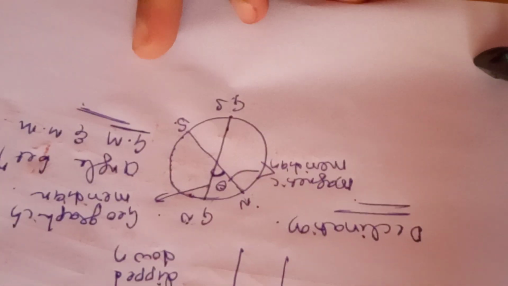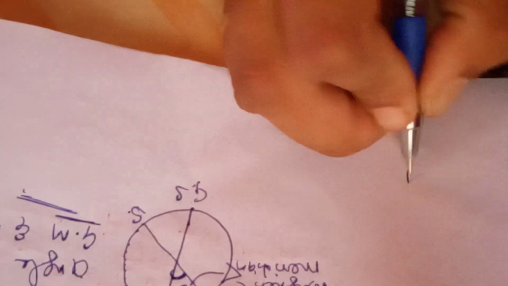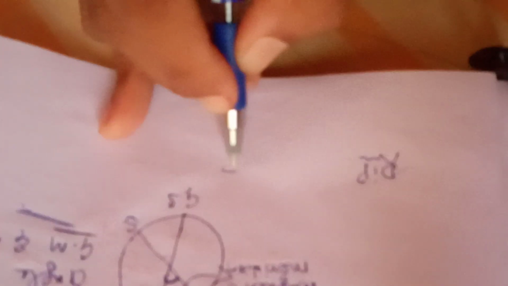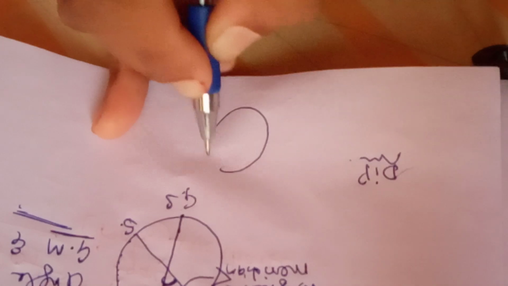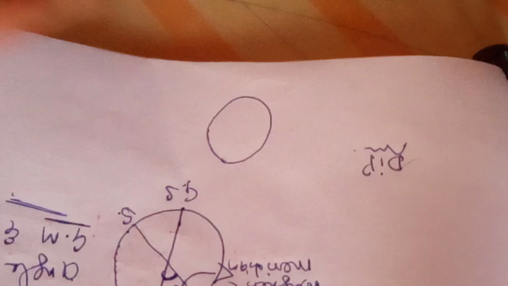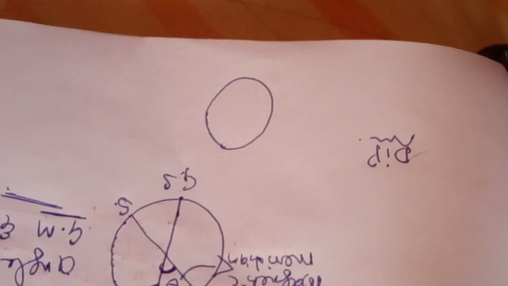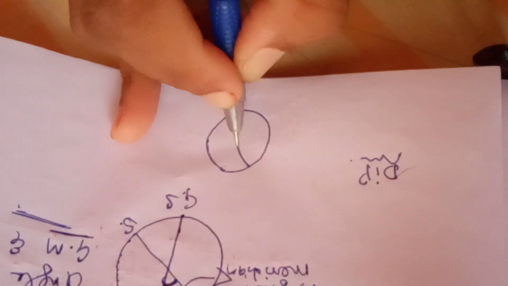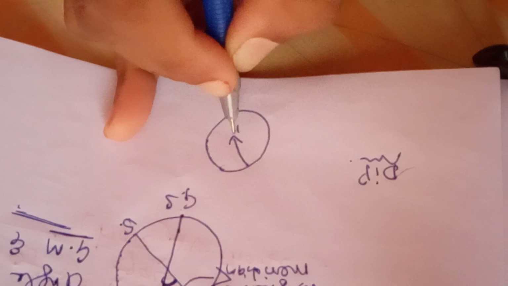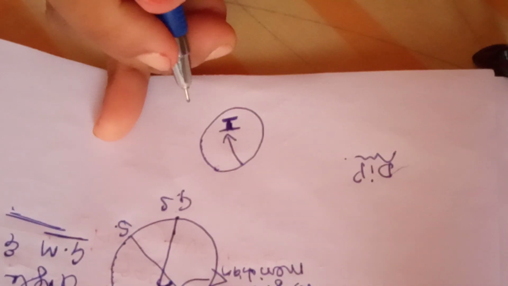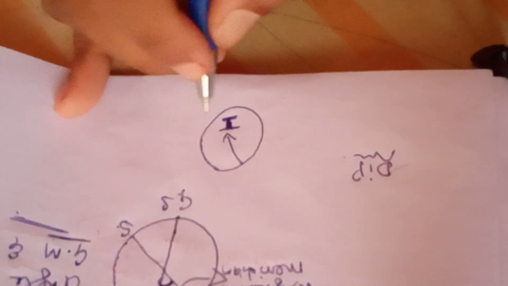Now next, let us talk about dip. Okay, now this is the Earth. So we said that Earth itself is a huge magnet. So this is the I, the resultant intensity of Earth's magnetic field.